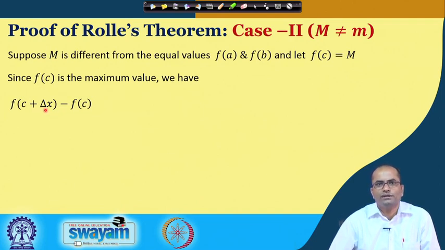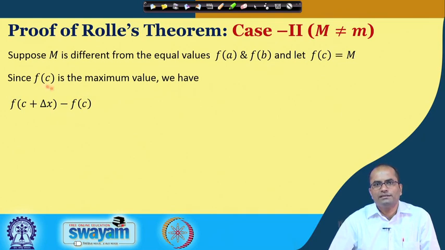just assume this delta x is close to 0. So, in that case, since f(c) is the maximum value of the function, then f(c + delta x) and this difference, f(c + delta x) will be smaller than this f(c) because f(c) is the local maximum.